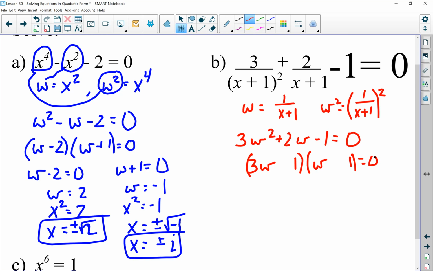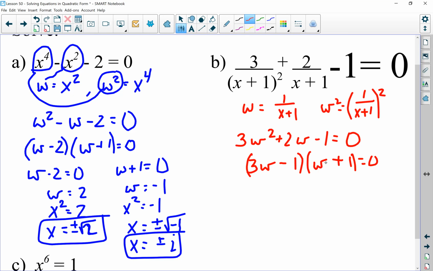So should I put plus 1 here for 3w plus 1, or should it be 3w minus 1? If we say that's minus, then this one has to be plus, and now we can double check. 3w times 1, that's 3w, and minus 1w, that gives us 2w. So that's the way we want it.